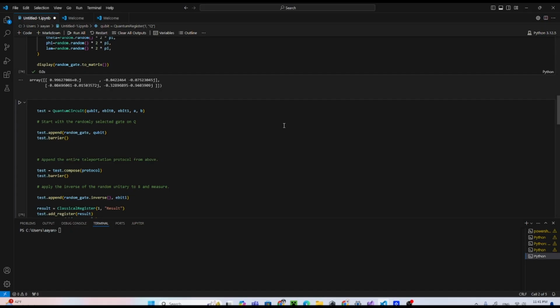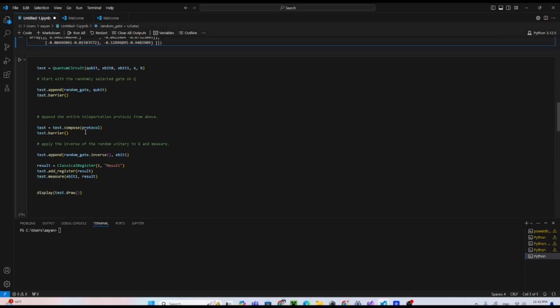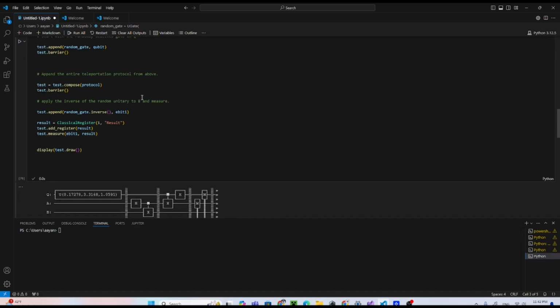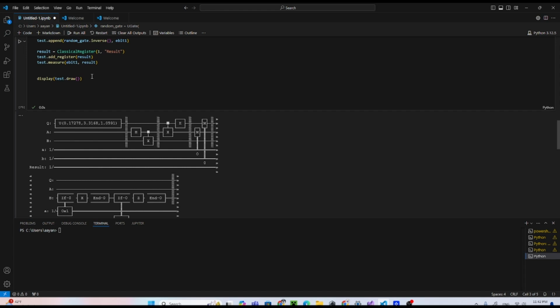So we are going to test this quantum circuit and apply the random gate to the qubit, which is multiplying the matrix right here by ket 0 to get a random state for qubit Q. Then we're going to run the circuit, and then we're going to apply the inverse of the random gate to ebit 1 and take our result as the measured state of ebit 1, which is qubit B.